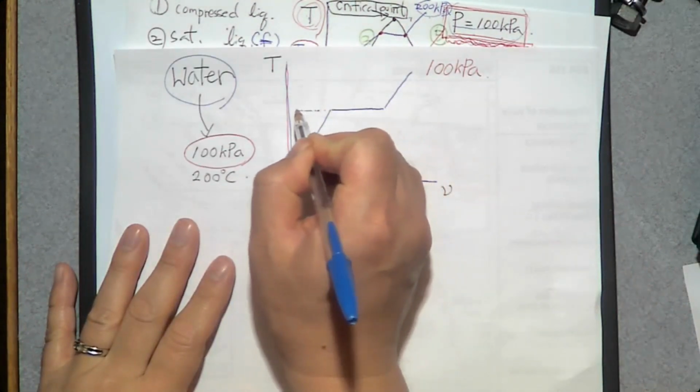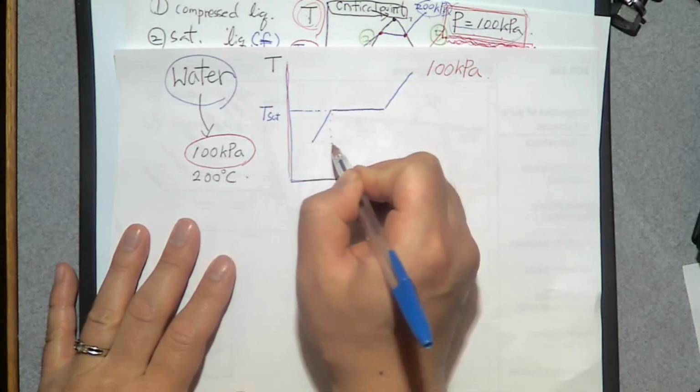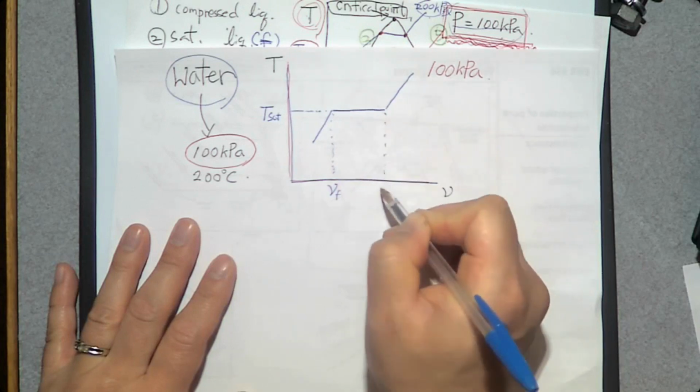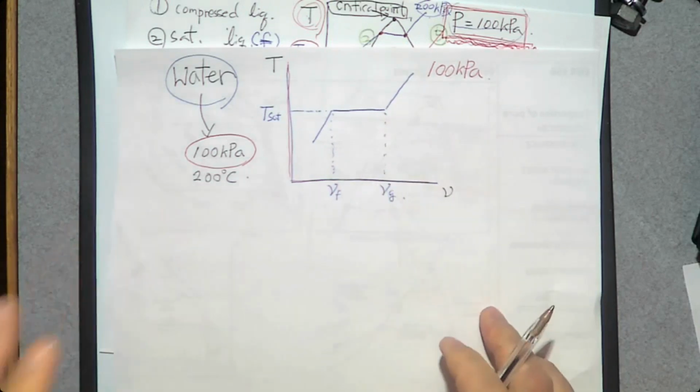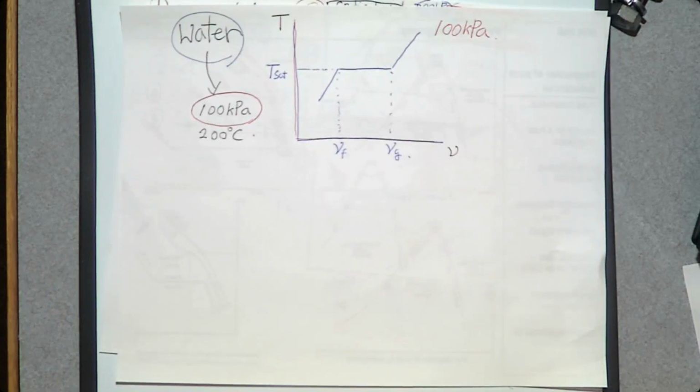So here we have T sat, VF, VG. Then where can you find T sat, VF, VG? What information do we know for this diagram? The pressure, 100 kilopascal. So you can go to the pressure table, which is table A3.